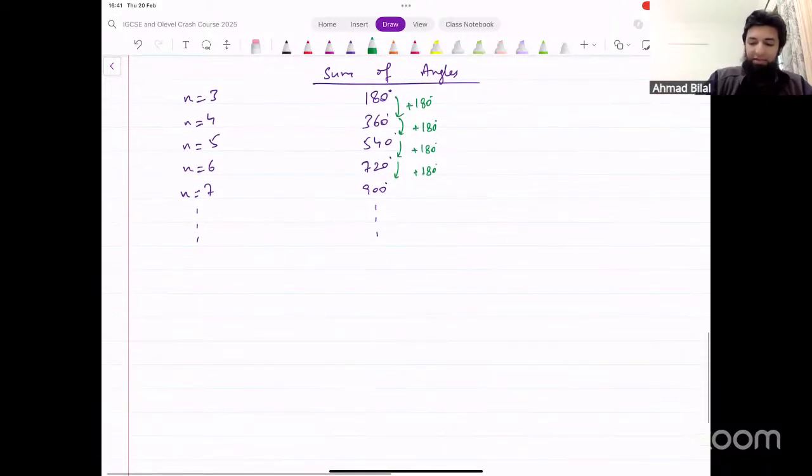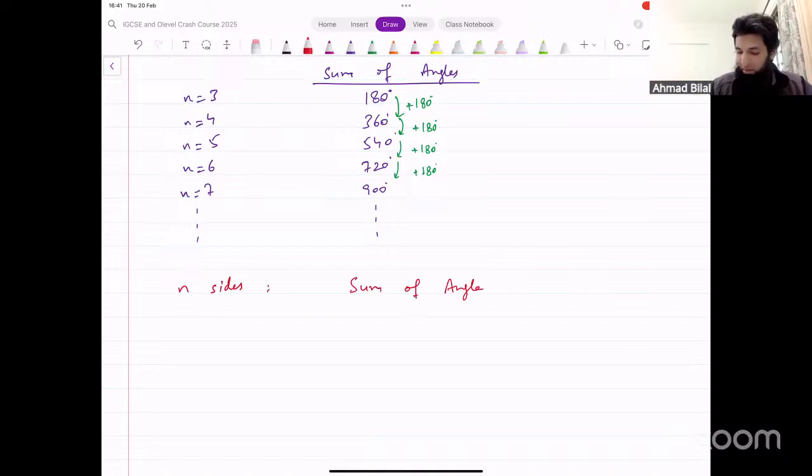Now, this actually gives us a general formula, and that general formula looks like this. For any polygon that has n sides, the sum of angles is given by n minus 2 times 180 degrees.